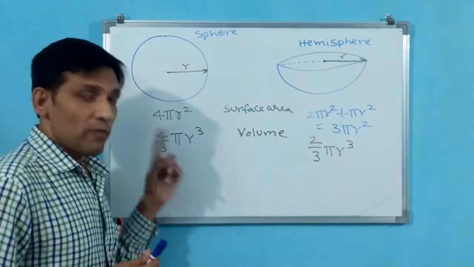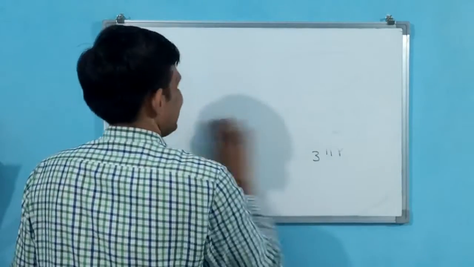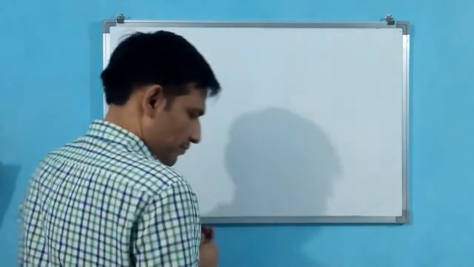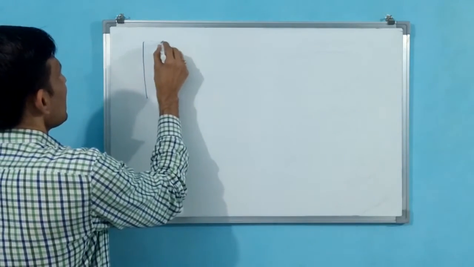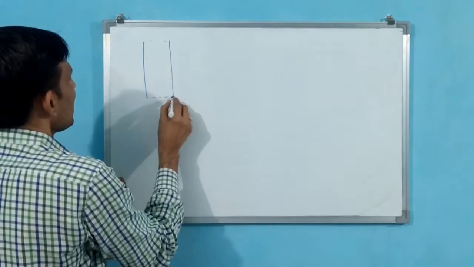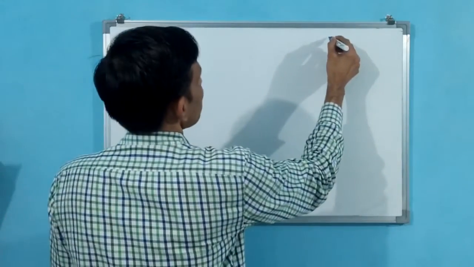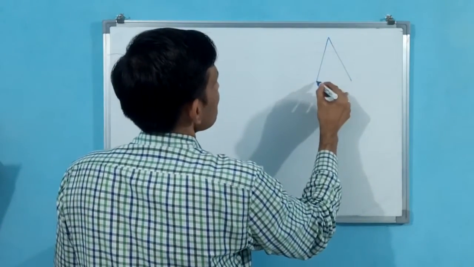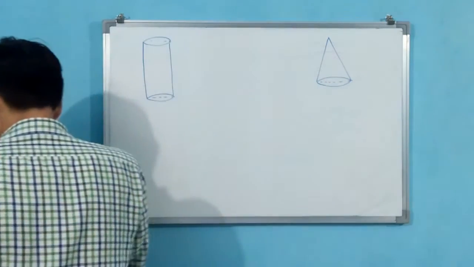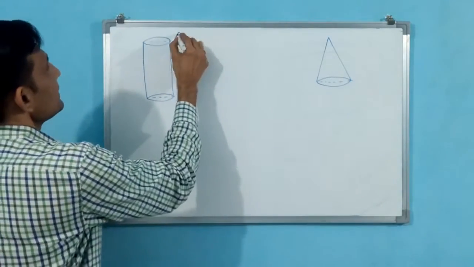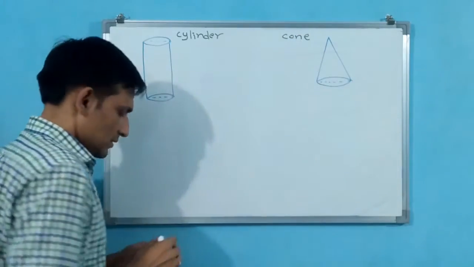Now we go for cylinder and cone. This is a cylinder. Cone you may know, ice cream cones and all. This is a cone.